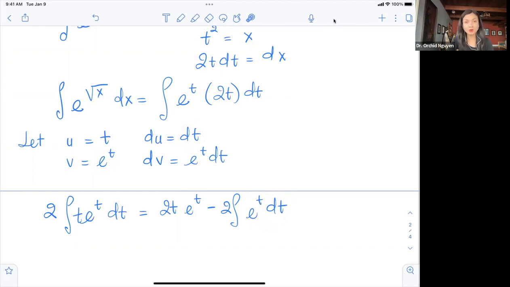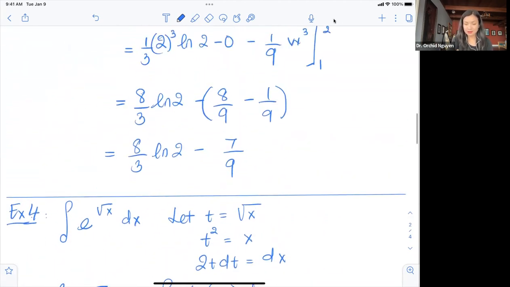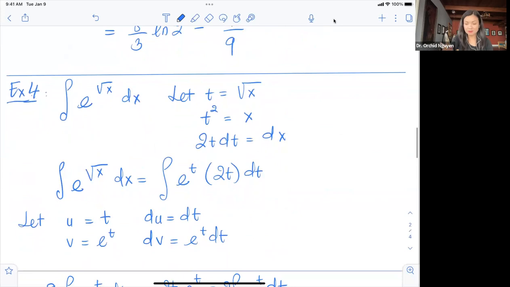Okay, now we are ready to integrate. So I ended up with 2t e to the t power minus 2 e to the t plus c. Now we're going to go back and substitute everything in for this one right here.